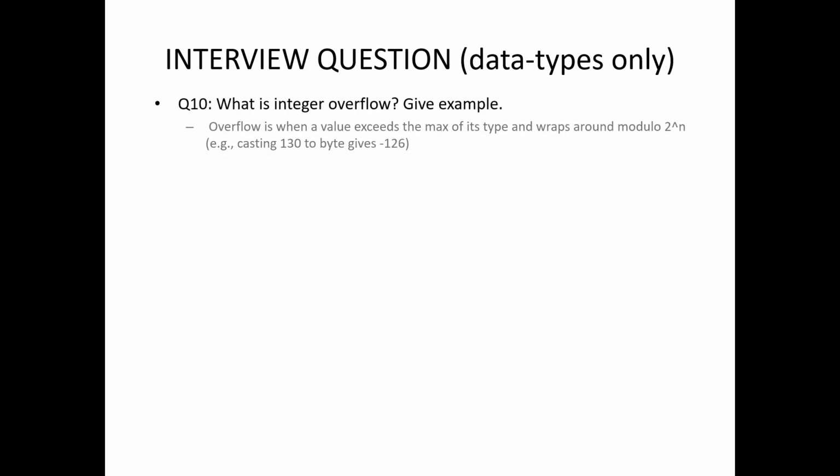What is integer overflow? It's when the value wraps around modulo 2 to the power n. For example, for byte, 130 is an overflow value because the range is up to 127. So that's a complete breakdown of Java 8 primitive data types.